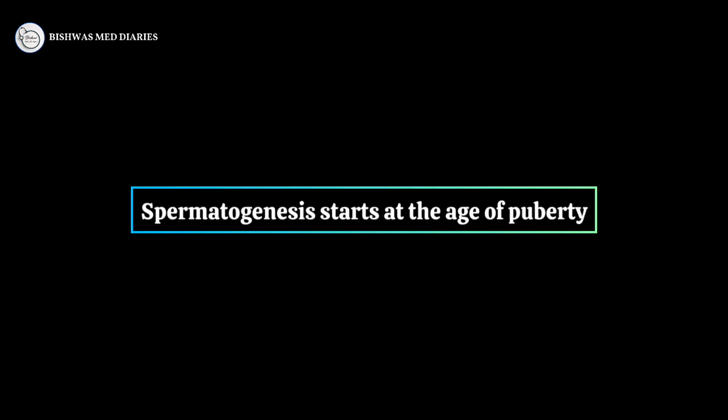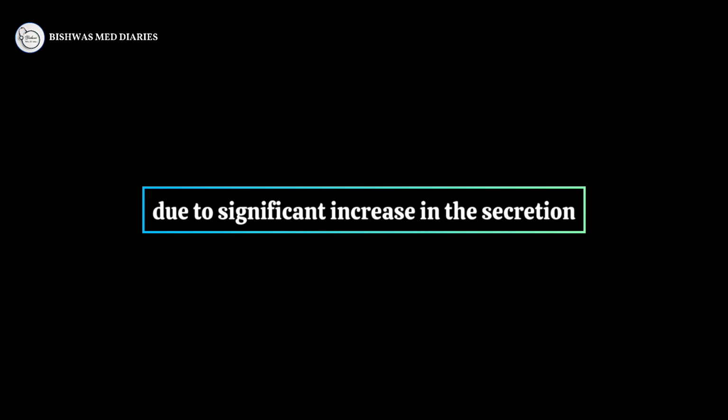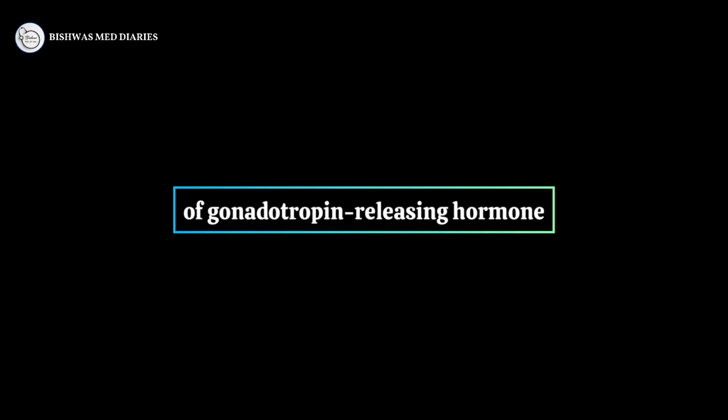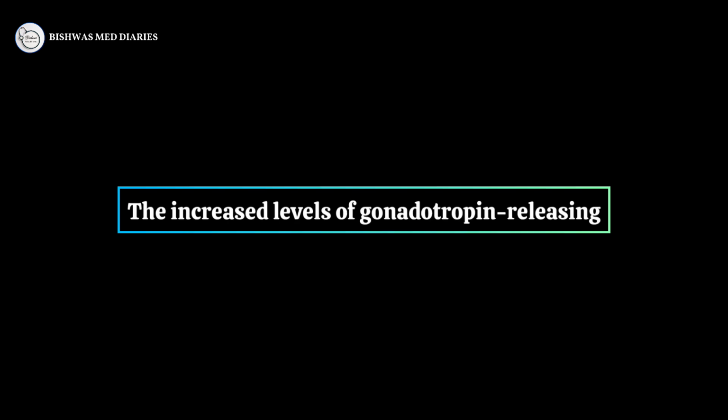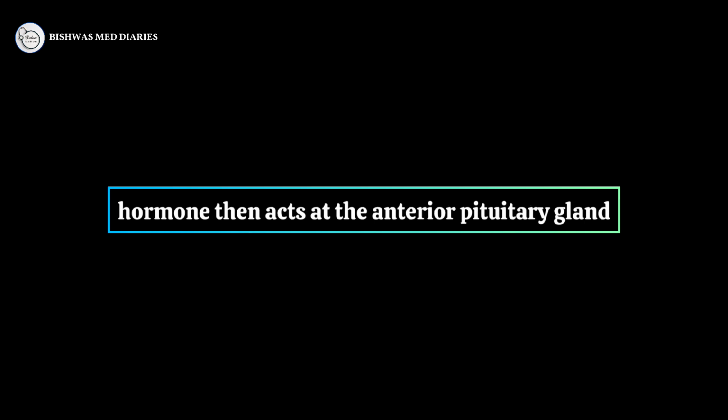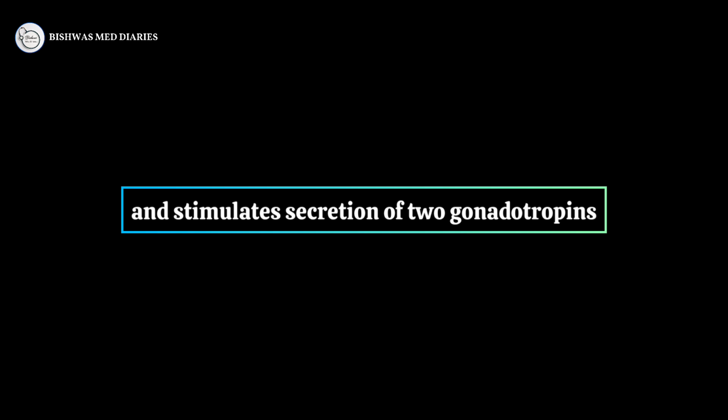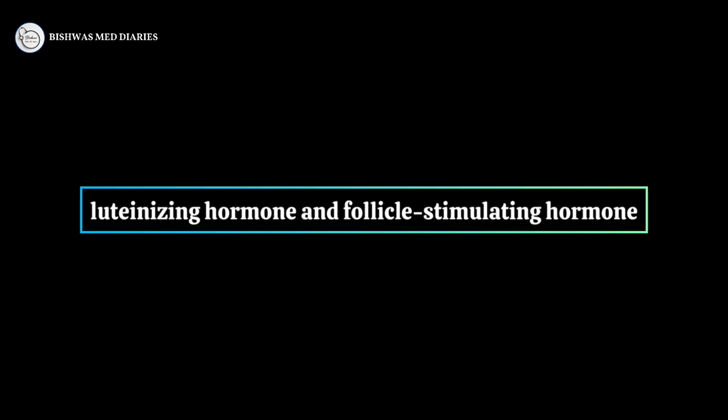Spermatogenesis starts at the age of puberty due to significant increase in the secretion of gonadotropin releasing hormone. This, if you recall, is a hypothalamic hormone. The increased levels of gonadotropin releasing hormone then act at the anterior pituitary gland and stimulate secretion of two gonadotropins, luteinizing hormone and follicle stimulating hormone.